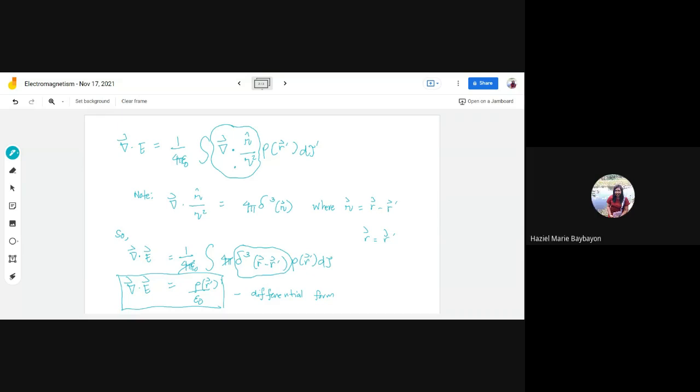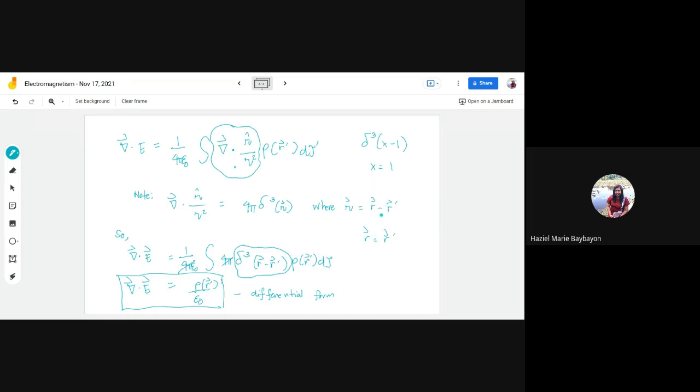Yeah. So, if you have a Dirac delta function, for example x minus 1, then at x equals 1 is where the peak is.